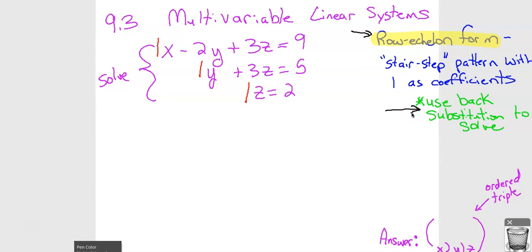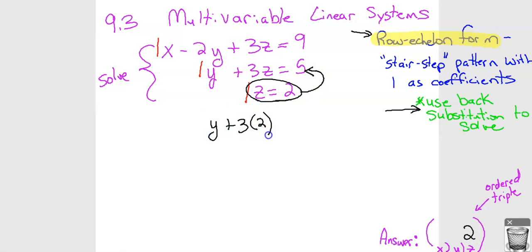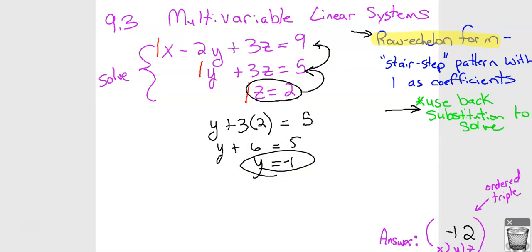So notice if I start at the very bottom, z equals 2. Well, I know z now. If I back substitute it in, that means y plus 3 times z equals 5. Well, y plus 6 equals 5, which means y equals -1. Back substitute it in. Now I know my z and I know my y. Now I just need to solve for x.